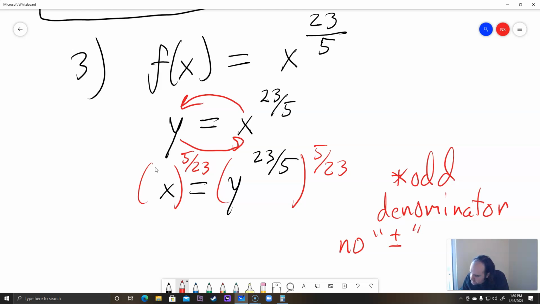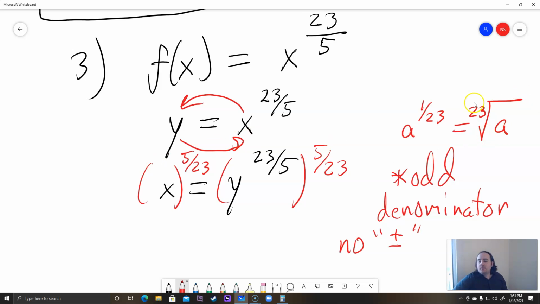And the denominator determines what kind of radical it is. So this is actually a 23rd root. So keep in mind that something to the 5 over 23 is actually the same as the 23rd root of that to the 5th power. Okay, so it's a little strange to have the 23rd root, but for example, if I said a to the 1 over 23, that's the same as the 23rd root of a, is what I'm trying to say.